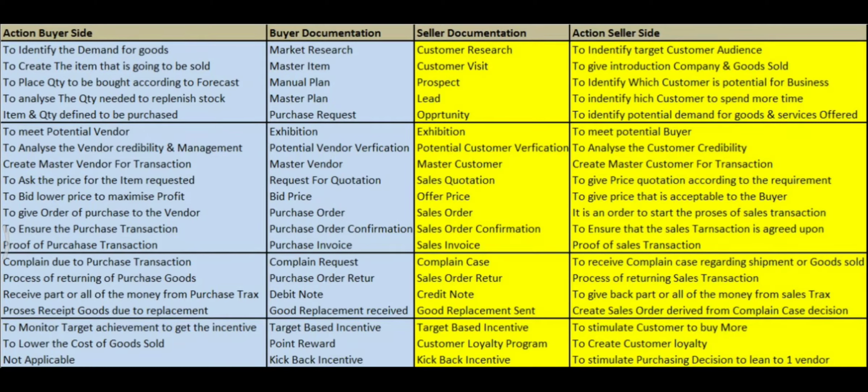Once the price is given, if you think the price is too high, you can do bidding, where you bid until you meet the agreed price. Okay, once that is done, you issue a purchase order. This is an order for the purchase to be done.